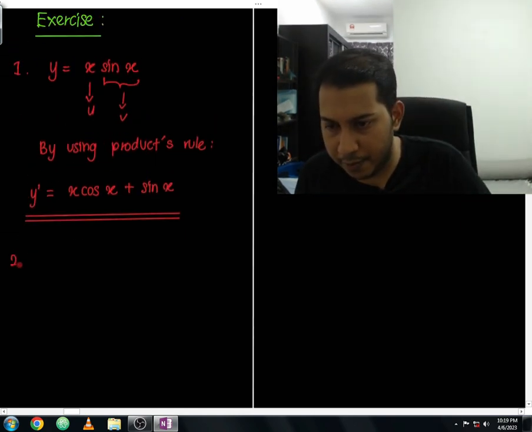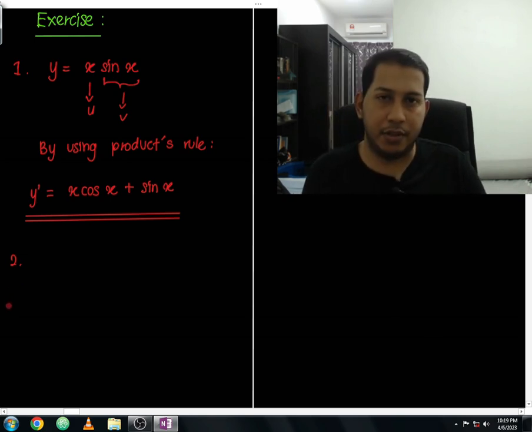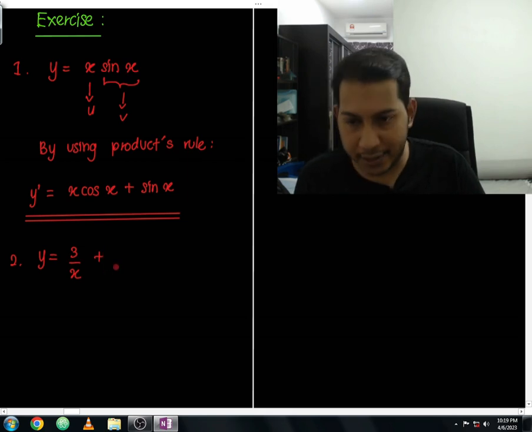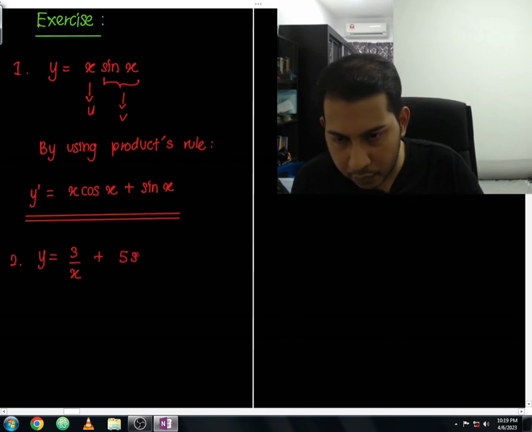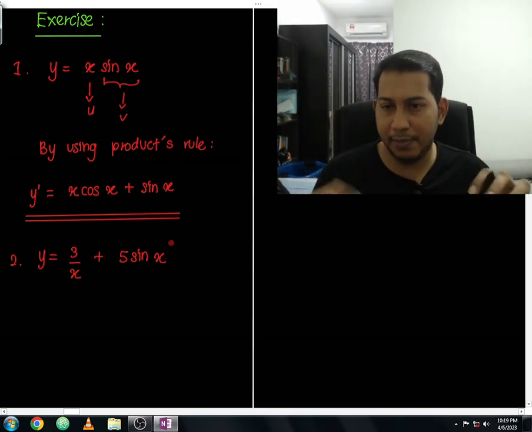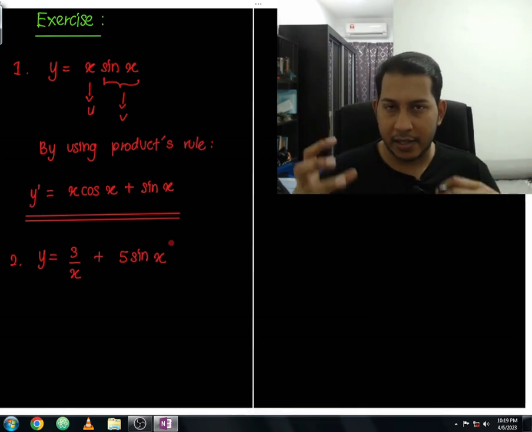So for the next question, let us take a look at this example where you have y is equals to 3 over x plus 5 sine x. Slightly getting complicated, still considered easy, but the complexity is starting to increase.